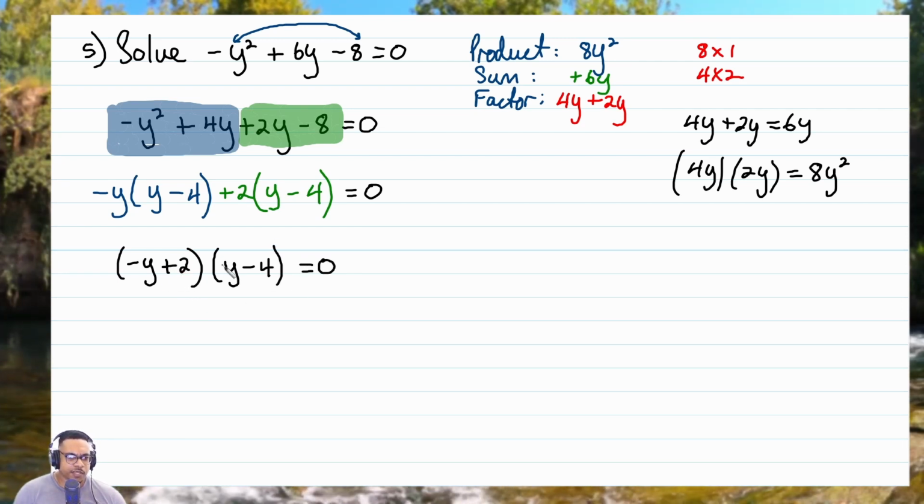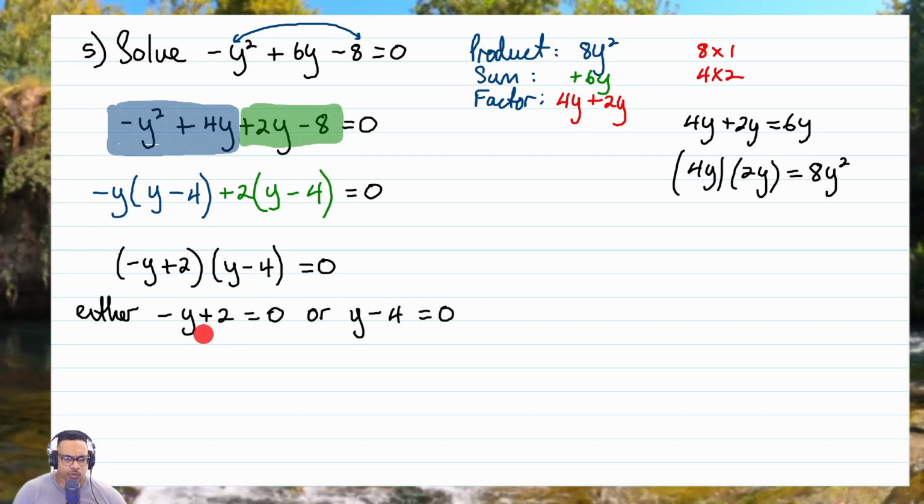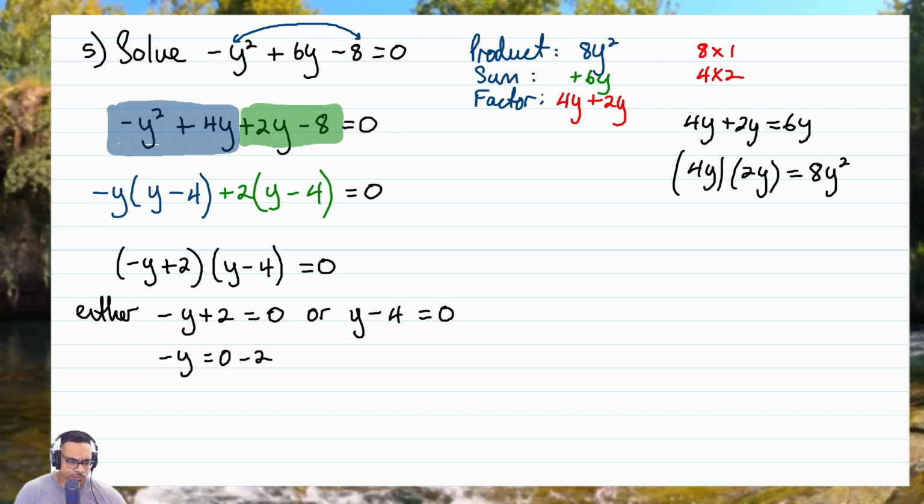And now that I have something multiplied by something is equal to 0, I'll say either this negative y plus 2 is equal to 0, or this y take away 4 is equal to 0. And now I'll solve these two equations separately. So in this first one, I'll transfer this positive 2 across the equal sign, and we'll change to negative 2. So I'll have negative y is equal to 0 take away 2.